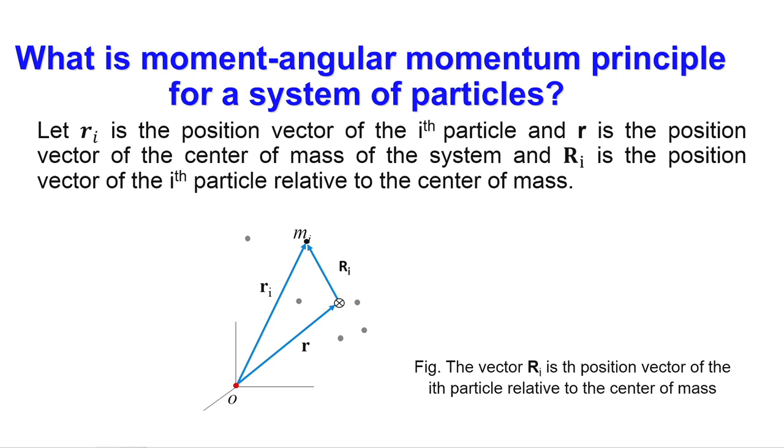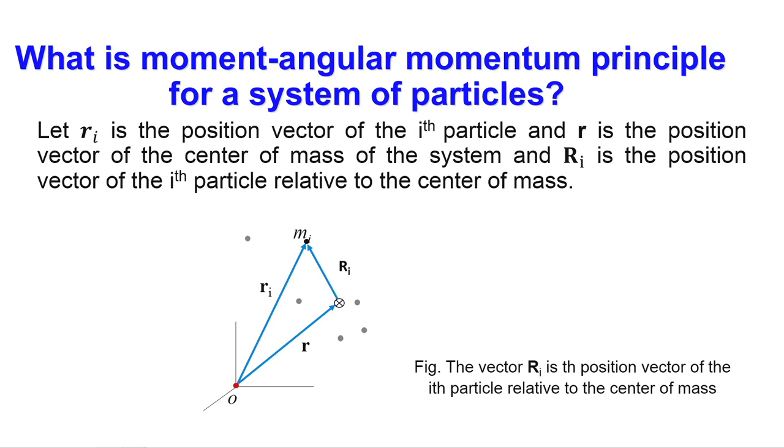Again, r_i is the position vector of the ith particle, whose mass is m_i, and r is the position vector of the center of mass, as we discussed in the earlier section.